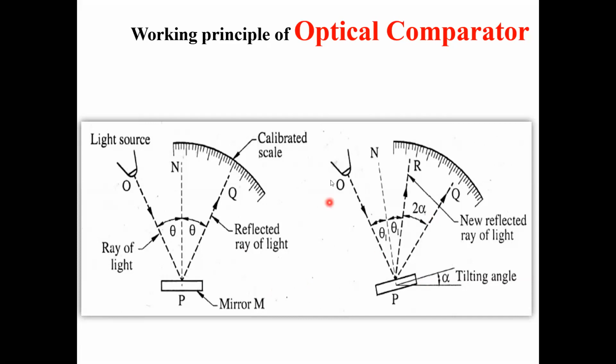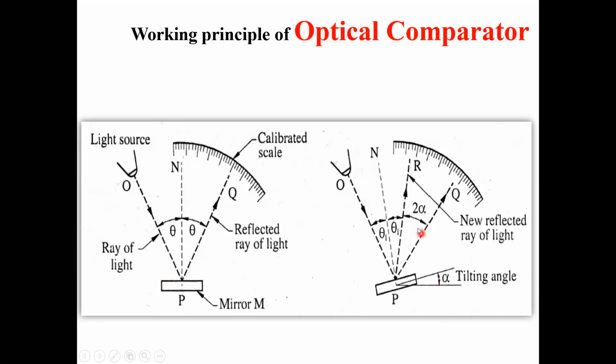When the beam of light strikes the plane mirror in this position, it is reflected through an angle theta only. In place of the mirror, you can take the object. If the object is tilted, having variation in surface, then the reflected ray reflects through an angle 2 alpha. Here, an alpha angle tilt is there in the object.